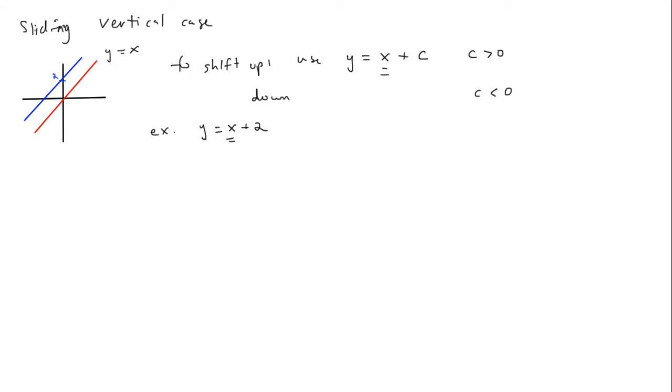Now the horizontal cases are more annoying because things work backwards from how you would expect them to. Alright, so let's go ahead and draw here our same simple linear graph. So this is again the line y equals x.